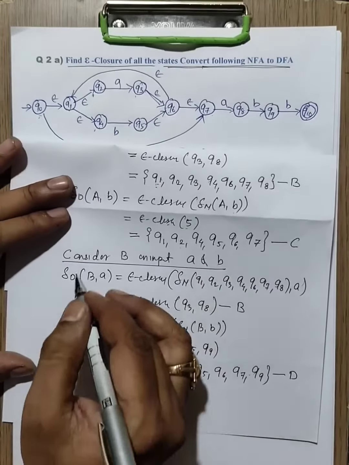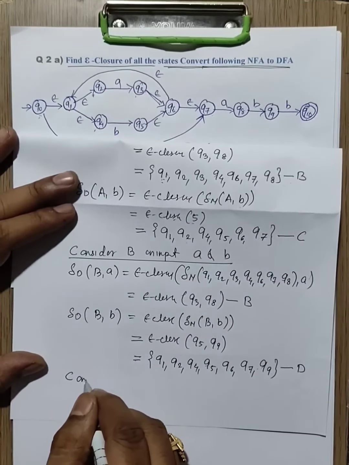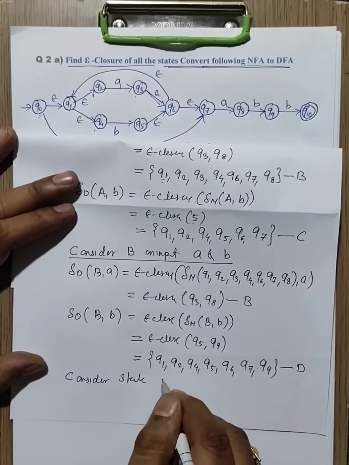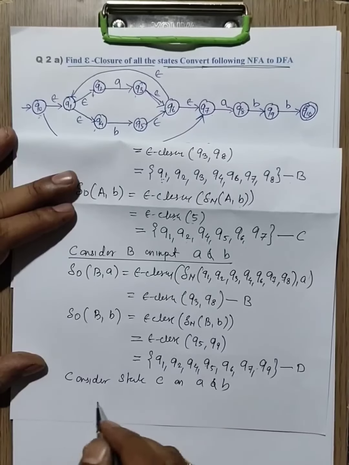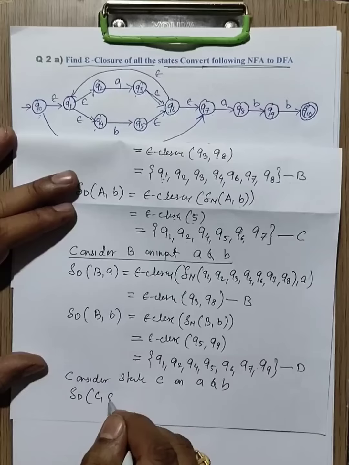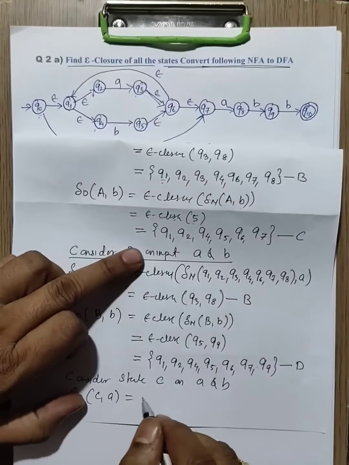Next, state B is over. Consider state C, on input symbols A and B. C on A. What is C here?